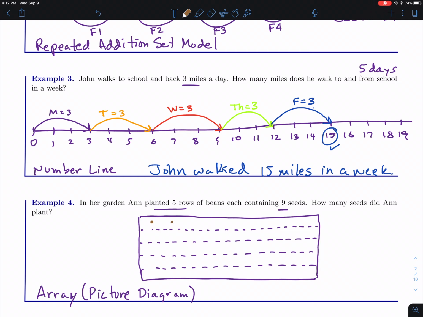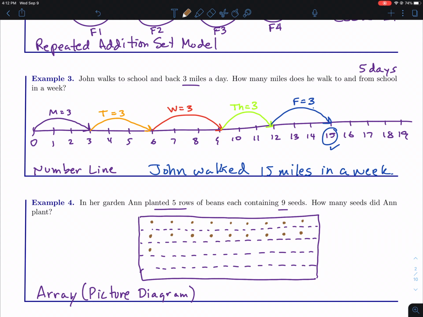So I'm going to do 1, 2, 3, 4, 5, 6, 7, 8, 9. And then I want to do that same thing over again. So again, 1, 2, 3, 4, 5, 6, 7, 8, 9. So now I've got row 2 planted.